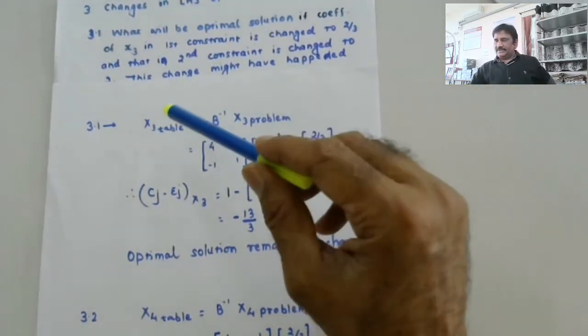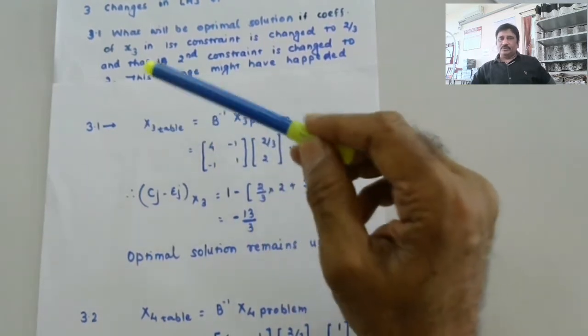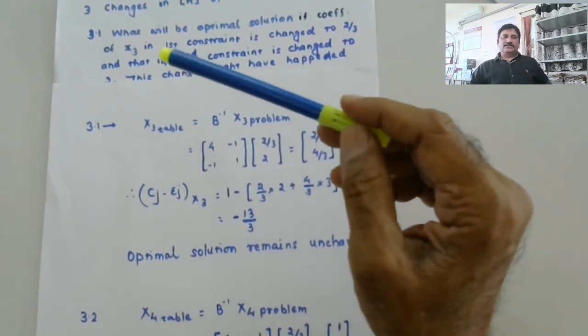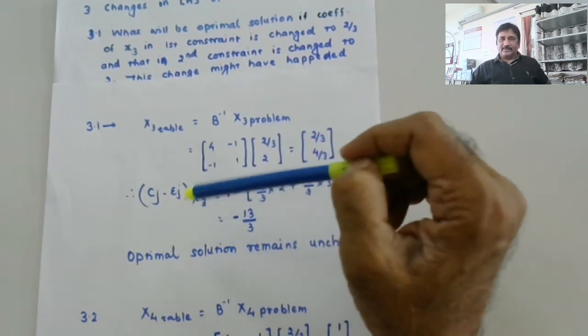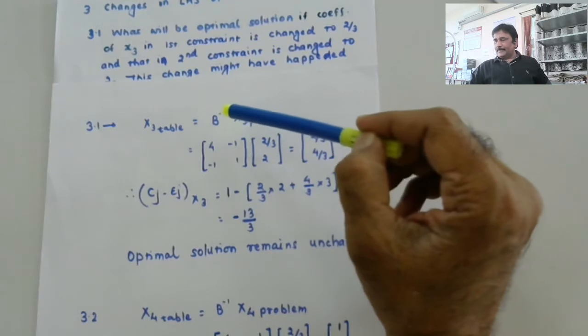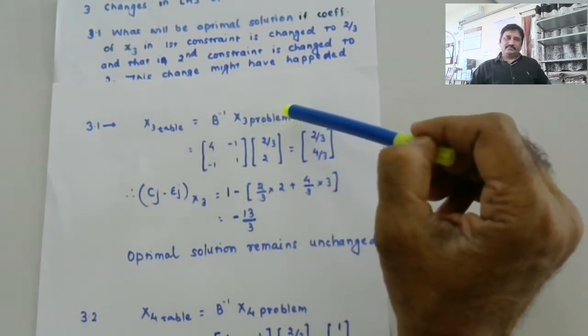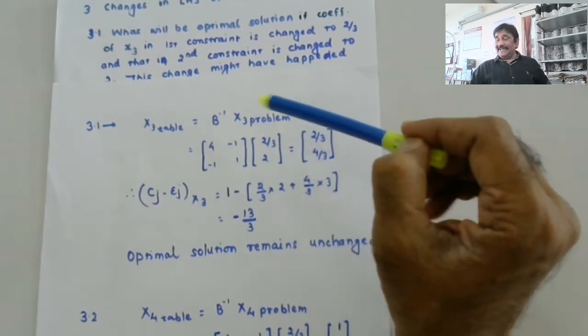The formula is xi table, here in particular x3 table. If I want to have x3 column values in the table, then I simply have to multiply B inverse and x3 column in the LPP.